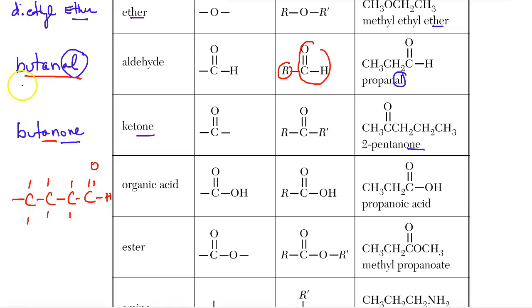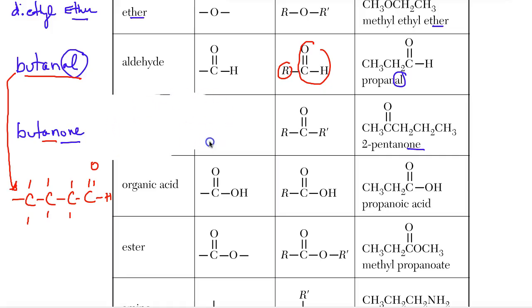Okay, so that's butanal, all right, and let's do butanone. I guess I'm making this more complicated, so I'll write it next to it here. Butanone is a ketone, and I'll write it right here for this one, so you're not going crazy looking all over the place.